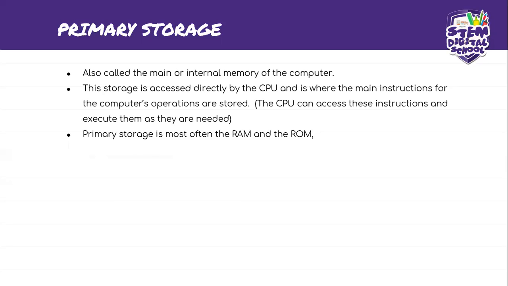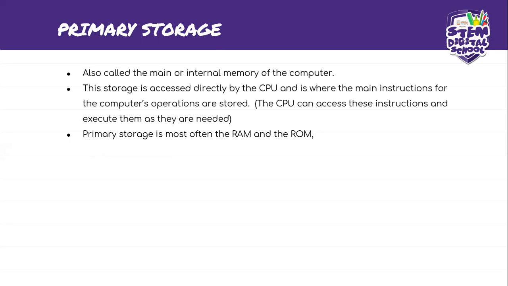Now we have what we call primary storage and secondary storage. Primary storage is also called the main or internal memory of the computer. This storage is accessed directly by the CPU and is where the main instructions for the computer's operations are stored.